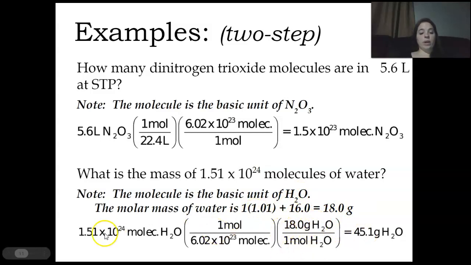I'm left with 18 grams. 15.1 times 10 to the 23rd divided by 6.02 is 2.5. 2.5 times 18 gives you 45.1 grams of H2O, water.